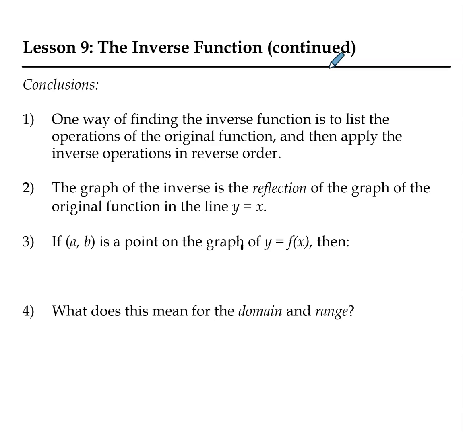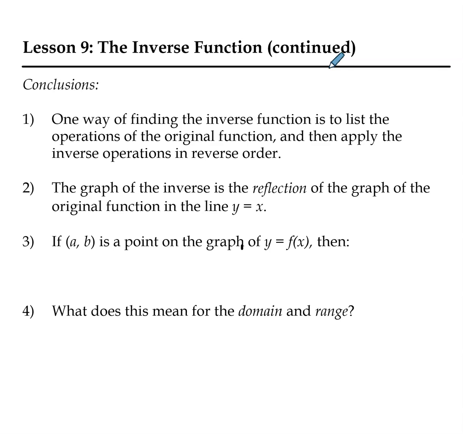So we've seen one way to determine inverse functions is to identify the original function operations and then do those operations exactly in reverse order and opposite operation. We've seen that there is a reflection, and the y equals x line is considered the fold line.